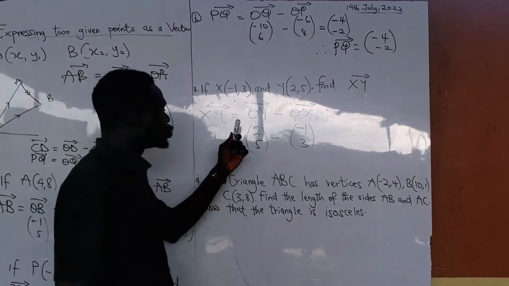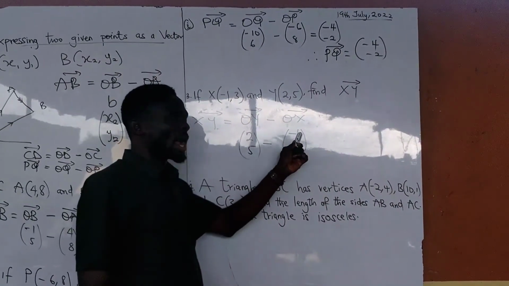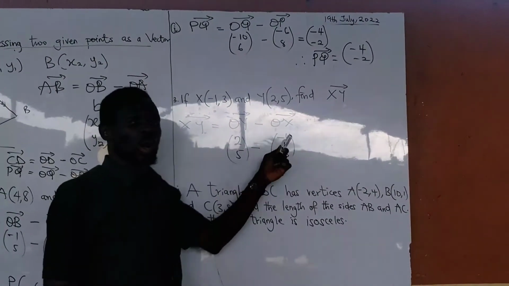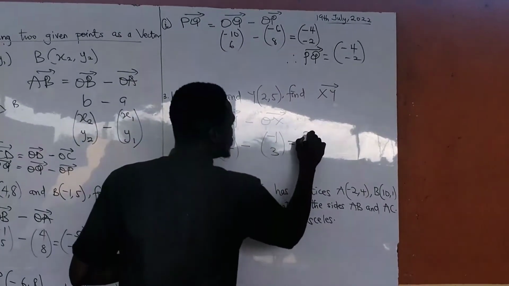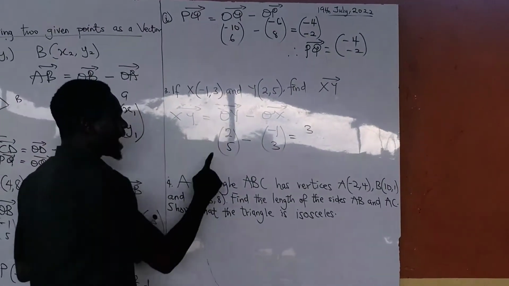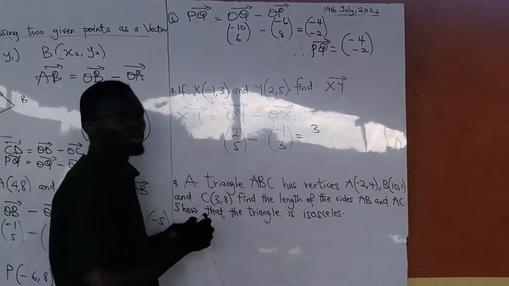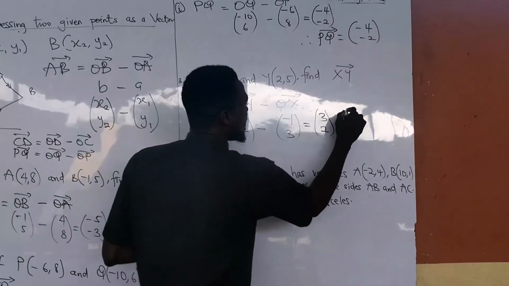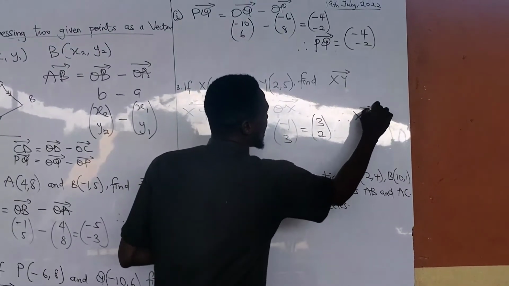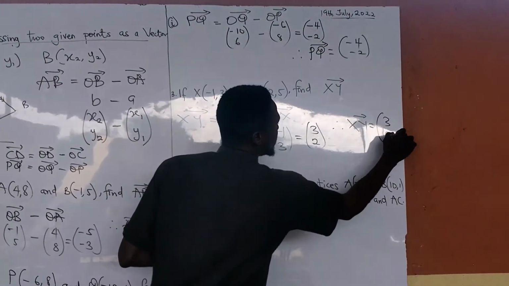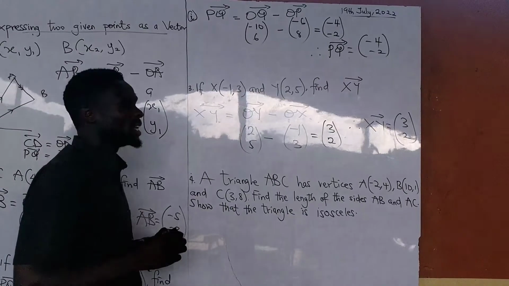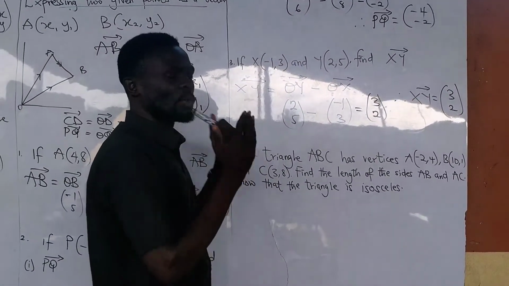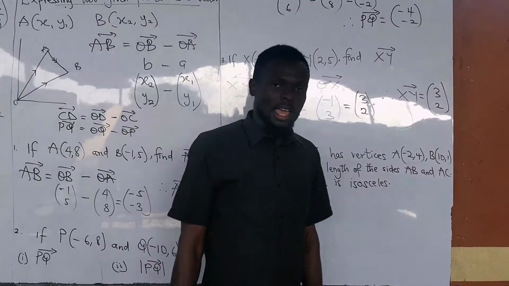Then this is 2 minus negative 1, which means 2 plus 1, equivalent to 3. Then I have 5 minus 3, which is 2. So therefore, vector XY is equal to 3, 2. And you have expressed the points X and Y as a vector XY.